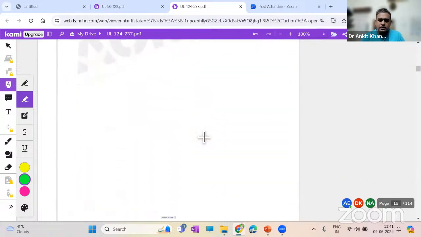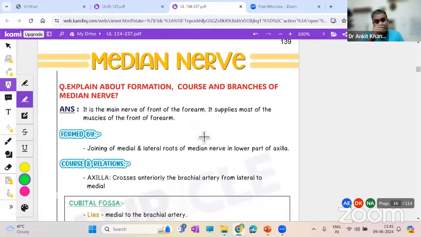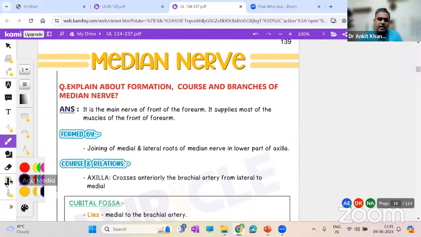That's very much needed. Next, we come to another nerve, the median nerve. We did the musculocutaneous, we did the axillary, now coming down to the median nerve. By now, we know quite a few things on the median nerve. Before writing anything, what should come to your mind when the question comes on the median nerve? Suppose there can be a short and long question on the median nerve.